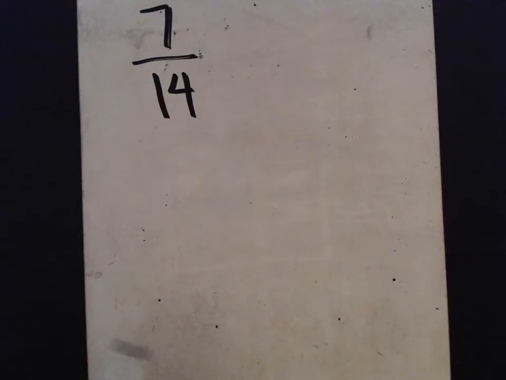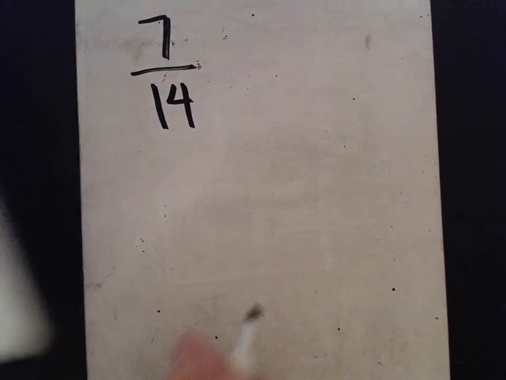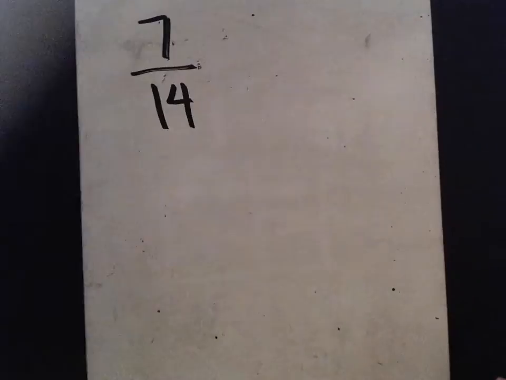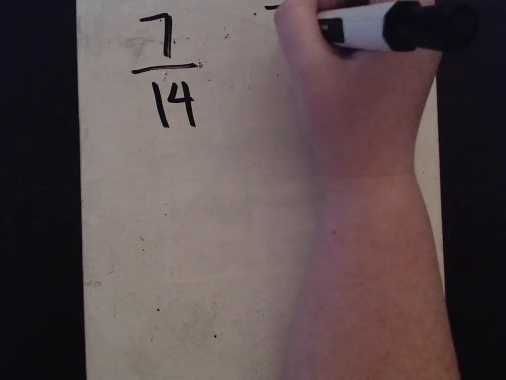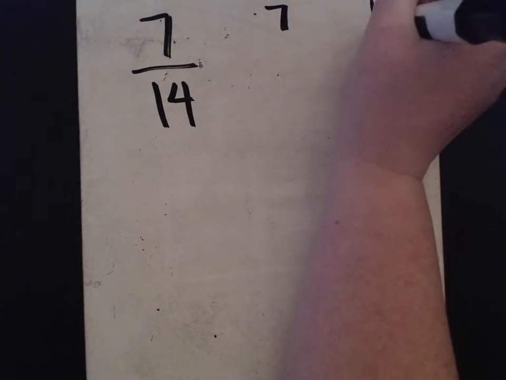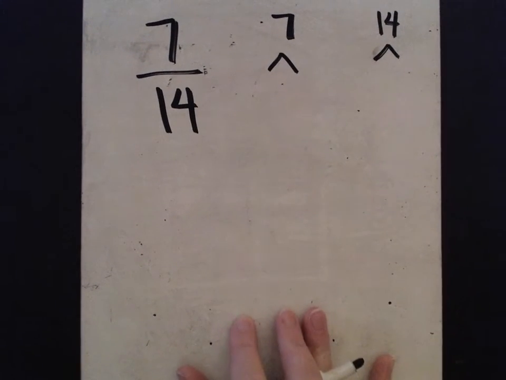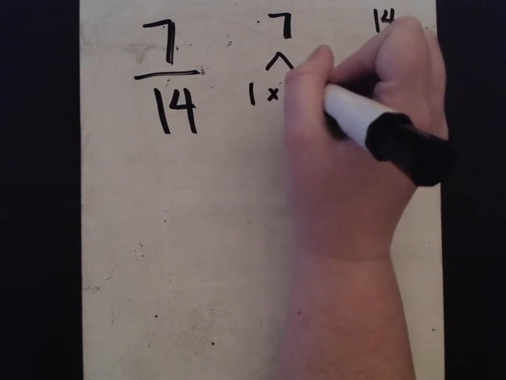Now let's look at 7/14. We're going to write this in simplest form. Remember, step 1, find the GCF of the numerator and denominator. So I'm going to set my tree up for 7 and 14. Now for 7, my only factors of 7 are 1 and 7.